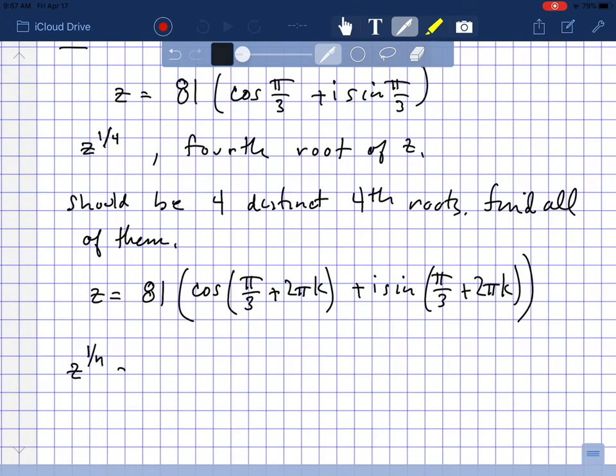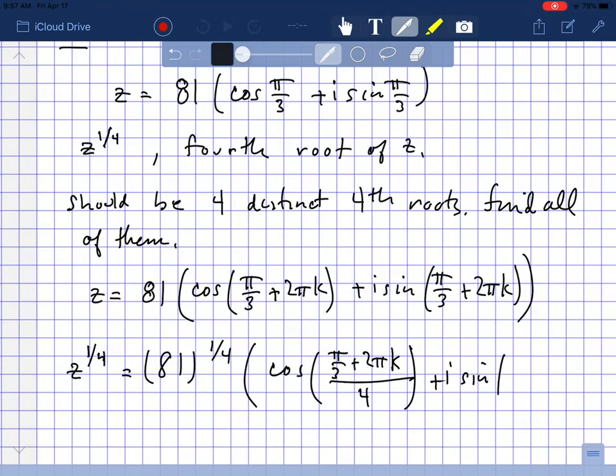Then the fourth root of z is going to be the fourth root of 81 times the cosine of pi over 3 plus 2 pi k divided by 4 plus I times the sine of pi over 3 plus 2 pi k divided by 4.